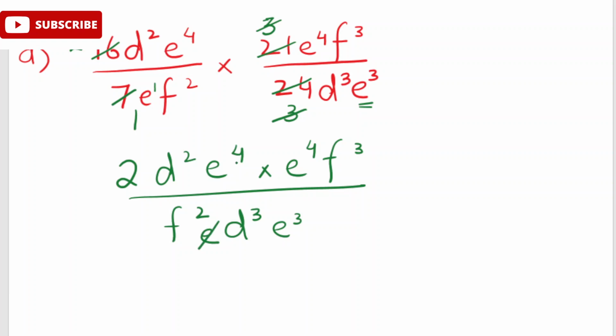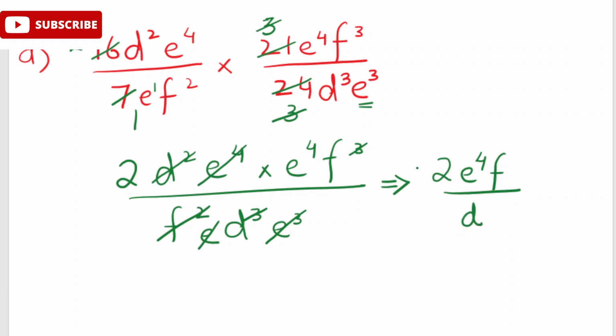So now look, this and this can cancel. This complete can cancel with this one. Is there any d? Yes, d square will cancel with it. So after this, the final answer will be just 2 e power 4 f divided by just d. This is the final answer of this part.